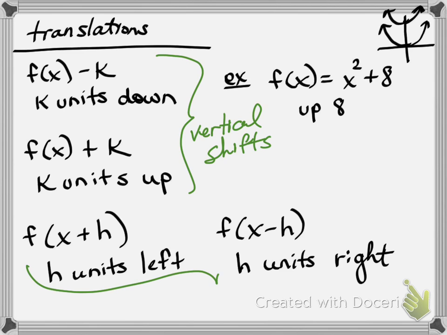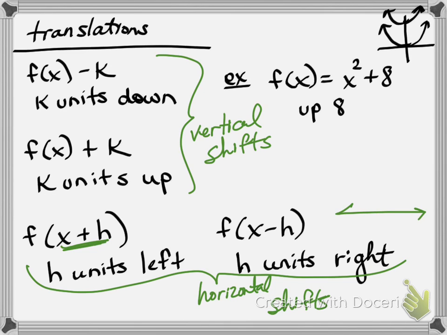But the horizontal shifts, the thing that you're adding or subtracting is inside the function with the x. So it's immediately affecting the x, and the x-axis is the left and right axis. So that's causing a horizontal shift because it's affecting the x. Okay.